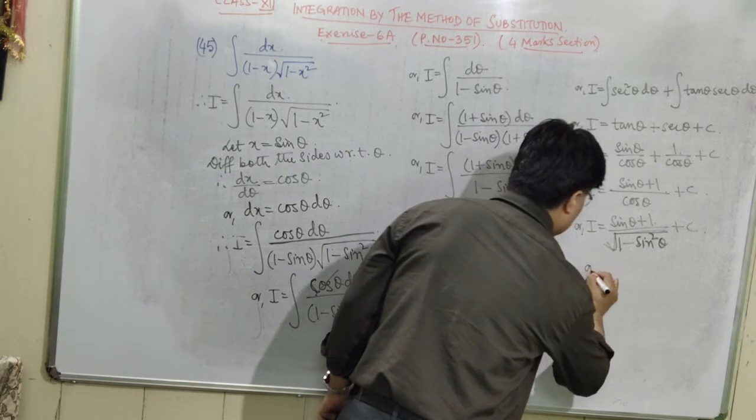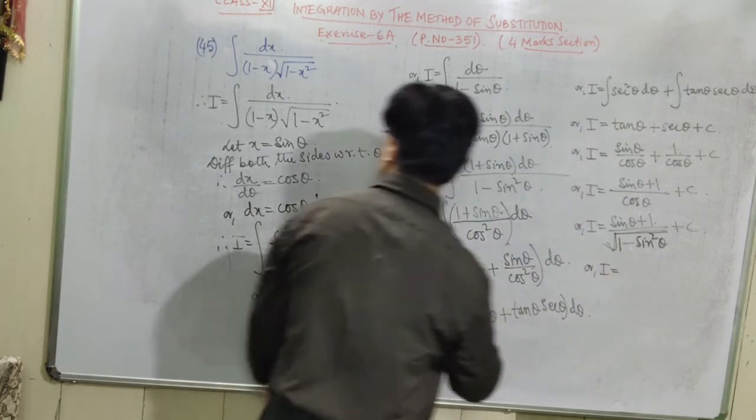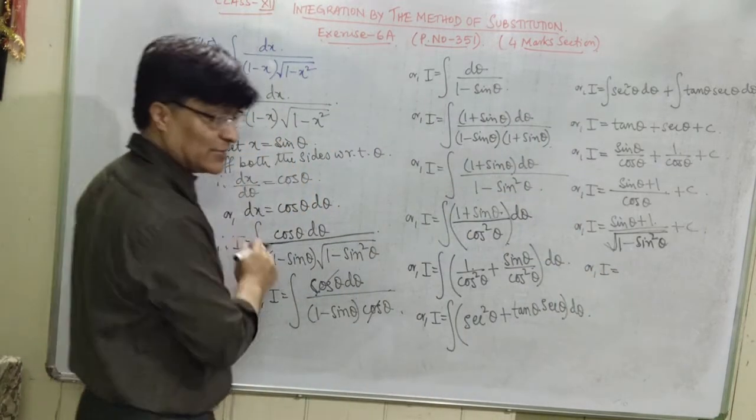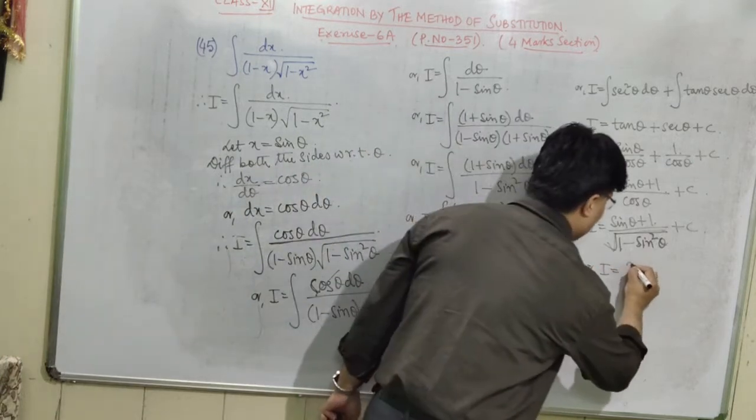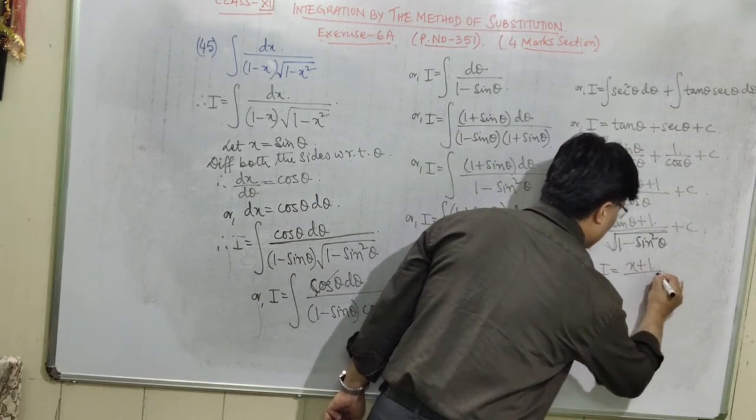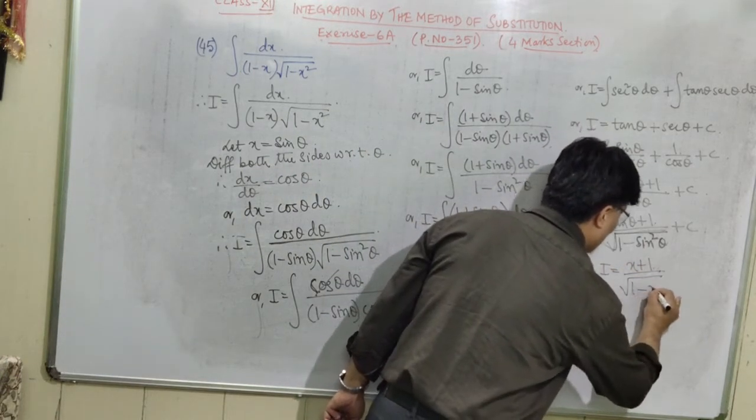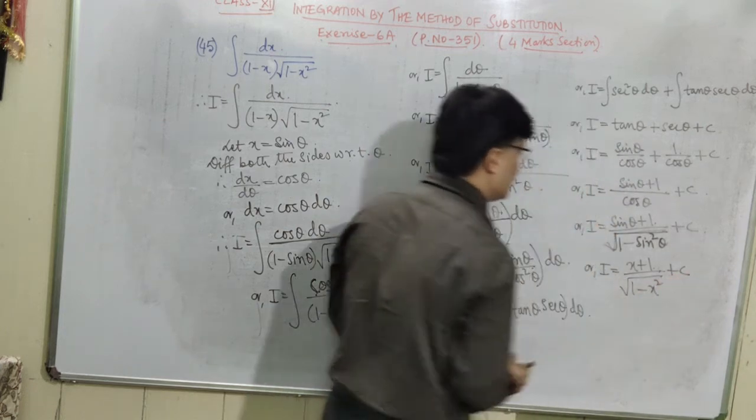Now put the value for sine theta. What is sine theta here? Sine theta is x, right? So you can write here x plus 1 divided by root over 1 minus x square plus c.